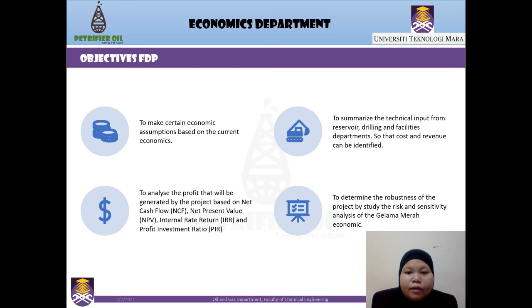Second is to summarize the technical input from drilling engineering, facility engineering, and reservoir engineering, so that the cost and revenue can be identified. Third is to analyze the profit that will be generated by the project based on the net cash flow, net present value, internal rate of return, and also the profit investment ratio. And the last one is to determine the robustness of the project by studying the risk and sensitivity analysis of the Gelama Merah economics.